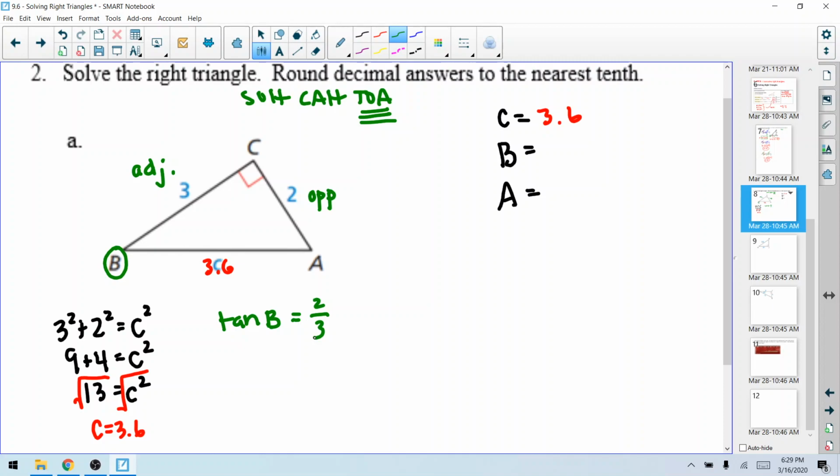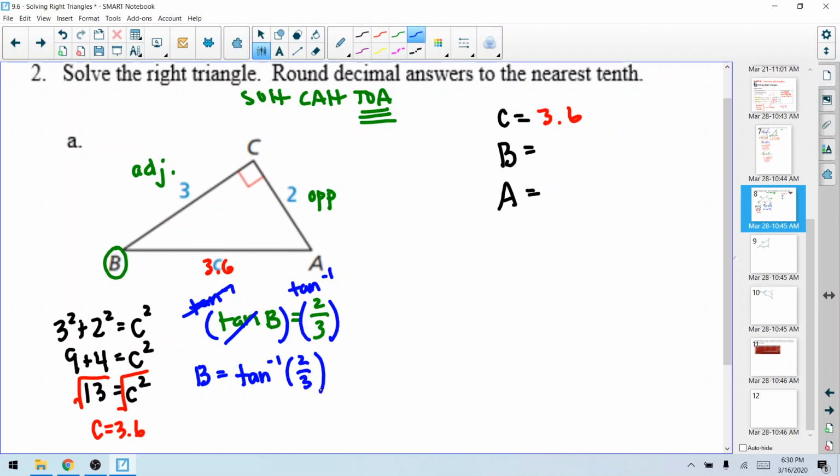Never use an inverse if you're solving for a side. In this case, we are trying to find an angle. So in order to get rid of a tangent, we're going to do an inverse tangent. Tangent and inverse tangent cancel. Angle B equals the inverse tangent of 2/3.